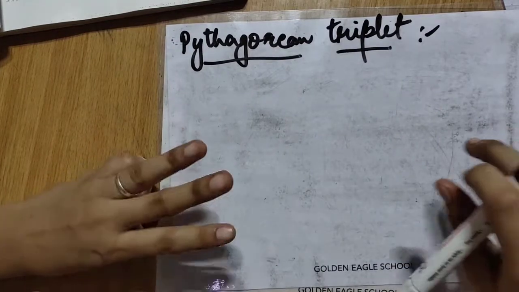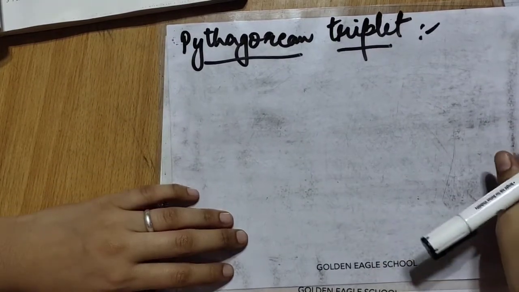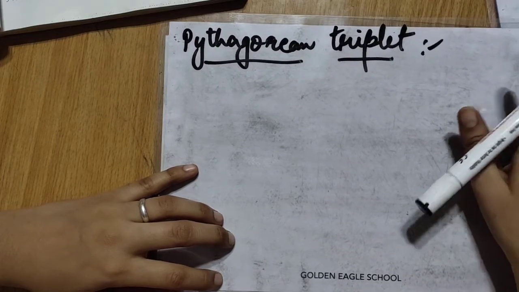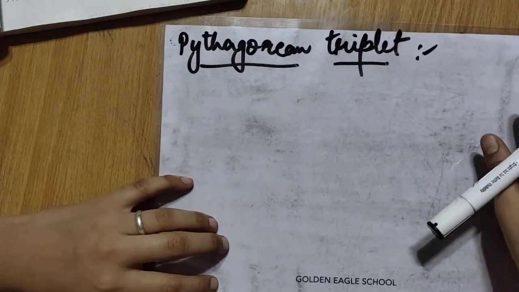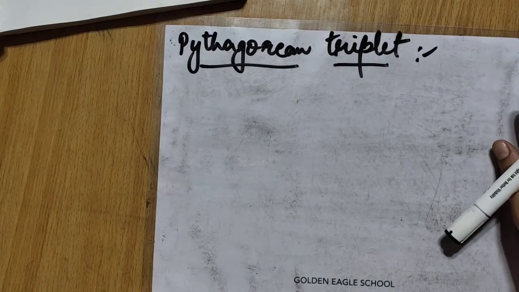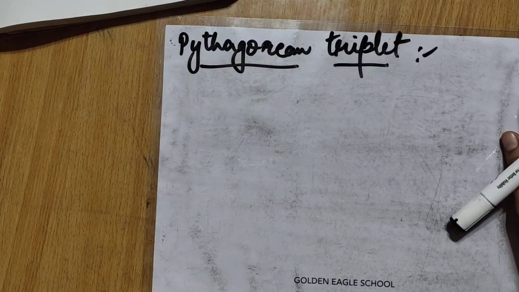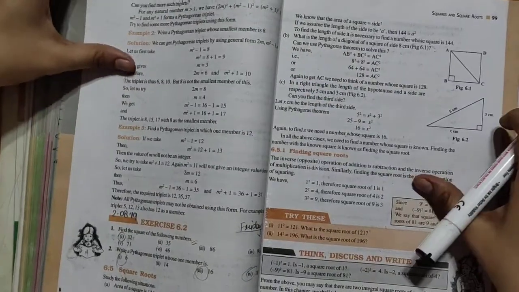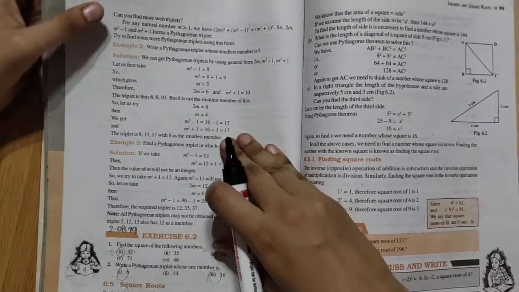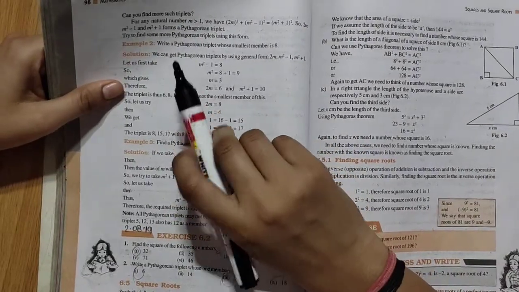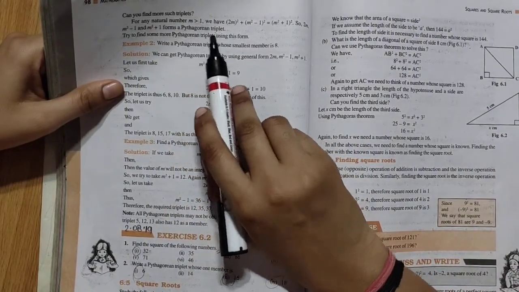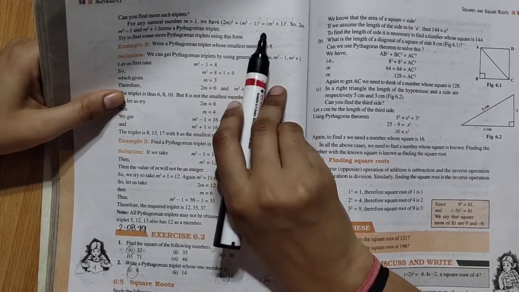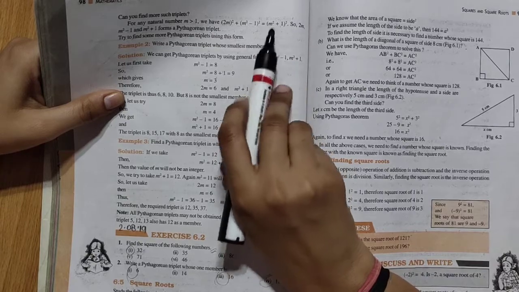This is a collection of three numbers, which is known as a Pythagorean triplet. You can see at page number 98, this collection is such that for any natural number m greater than 1, (2m) square plus (m square minus 1) whole square is equal to (m square plus 1) whole square.